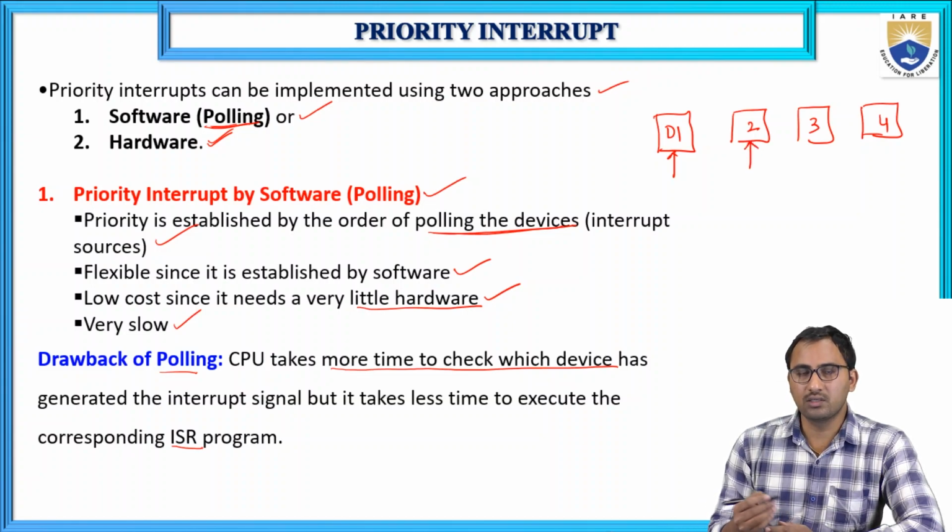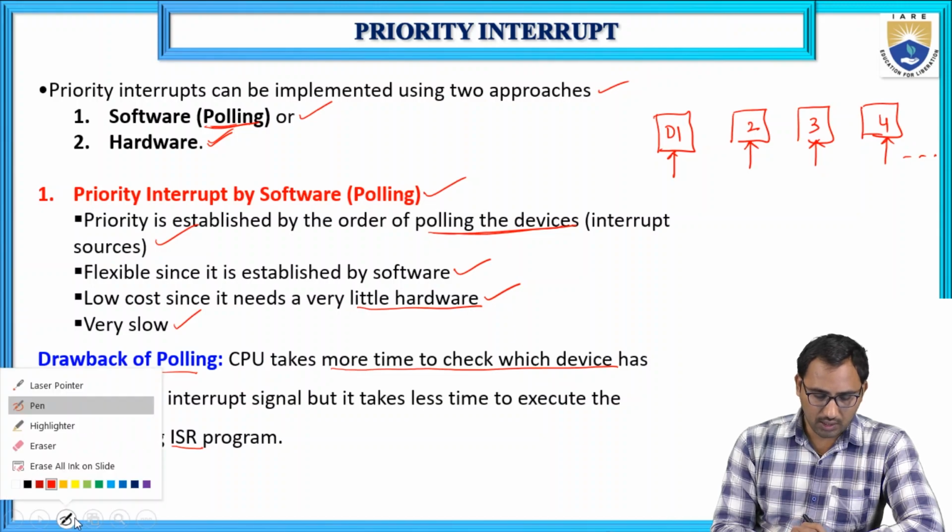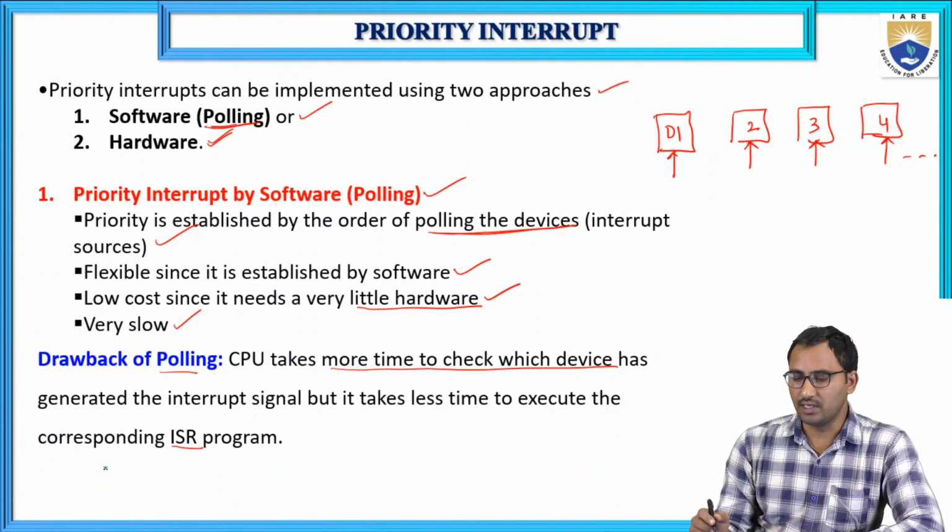If the second device also has not, we check the third, next the fourth, and so on. We check all the devices. If you assign priorities to the devices, the first device is 0, next 1, next 2, 3. That means device 1 has the highest priority and device 4 has the lowest priority.